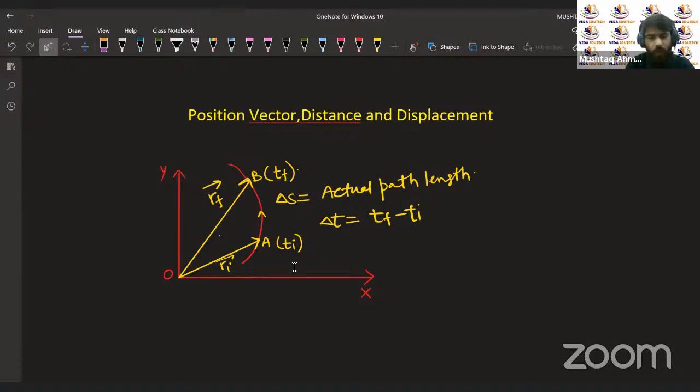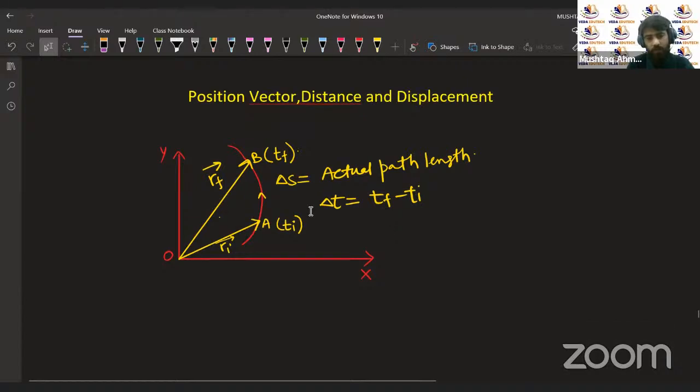So delta S is the actual path, right? And we know that the position of this particle has changed from Ri to Rf, and this vector from A to B represents the displacement vector.